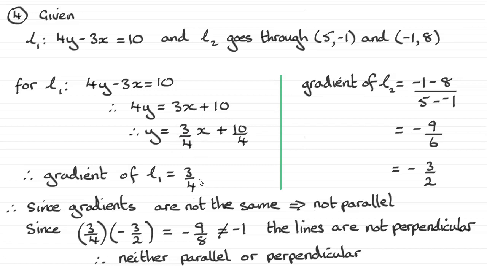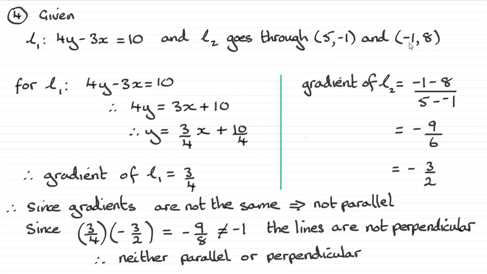So that's that one. Now we work out the gradient of L2, and when you're going between 2 points, then what we need to do is the difference in the y coordinates divided by the difference in the x coordinates. So I've started with this -1 here, so the difference in the y coordinates becomes -1 minus that 8, and then it's divided by the 5 minus -1, the difference in the x coordinates.